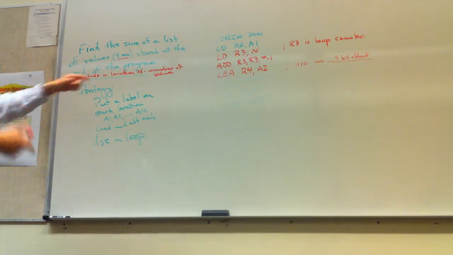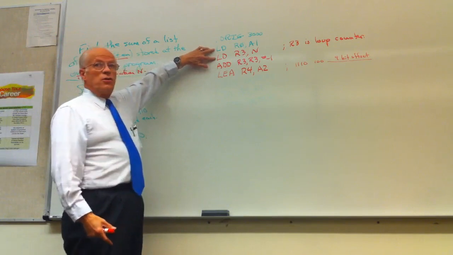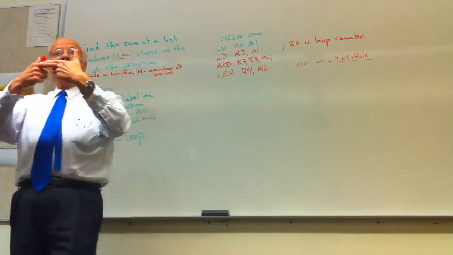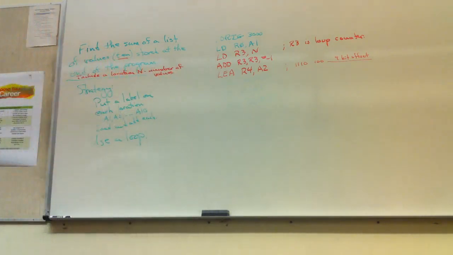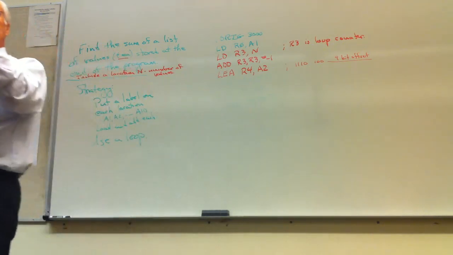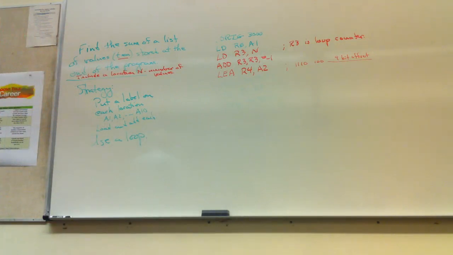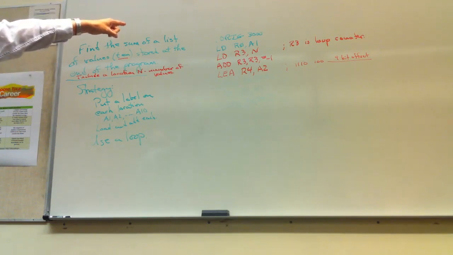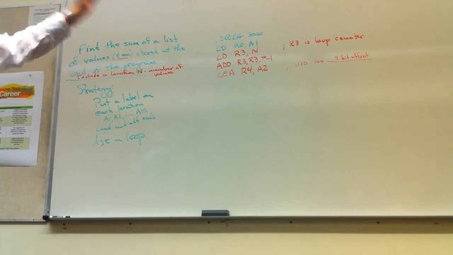Then with a typical load, it takes that value and puts it in the memory address register and pulls the contents of that memory location out. The difference with this thing is, it does the sign extension on the offset, takes the PC, adds them together, and puts the result in register 4, instead of in the memory address register.